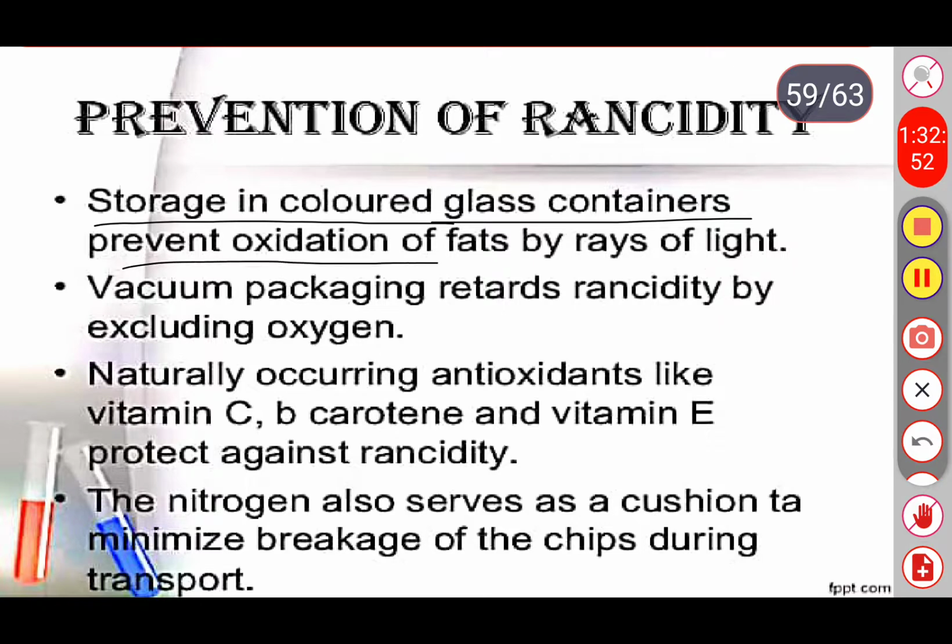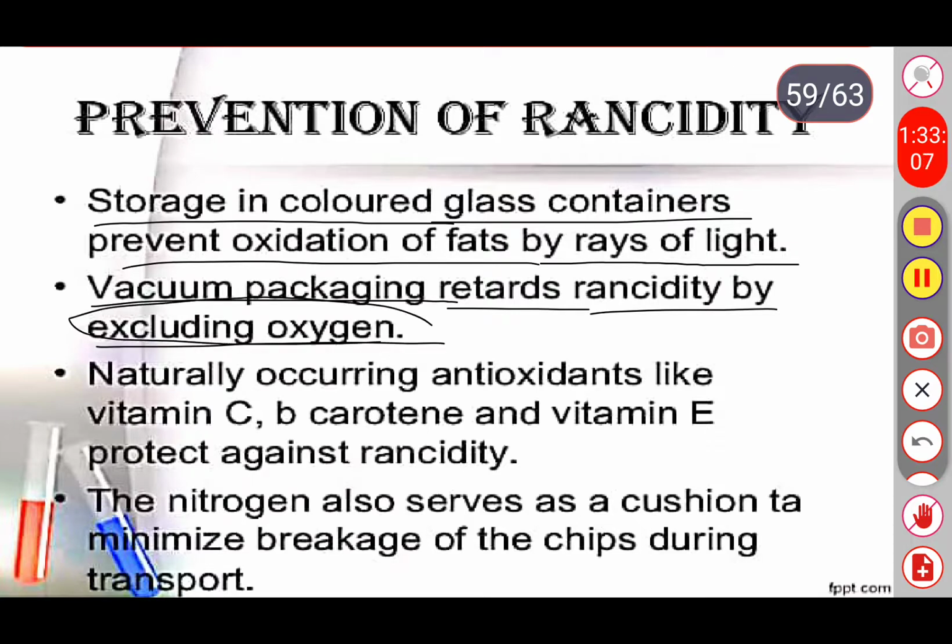Next one, naturally occurring antioxidants. We need to add naturally available antioxidants like vitamin C, carotene, vitamin B and vitamin E, which protect against rancidity.